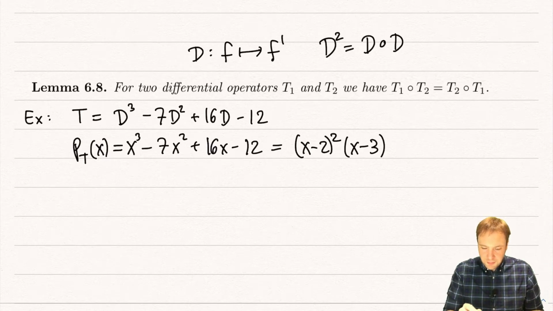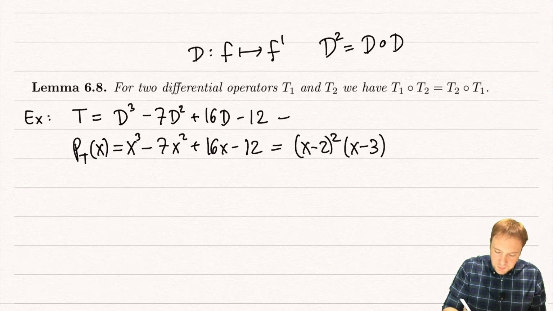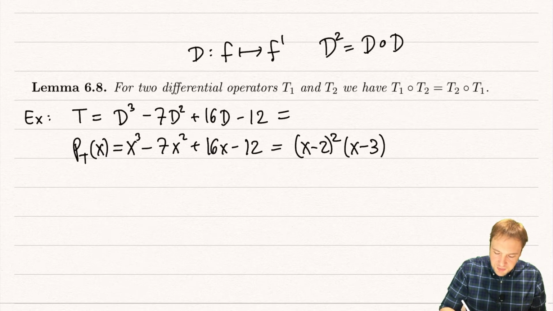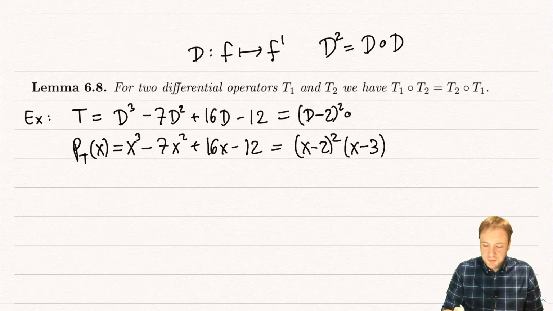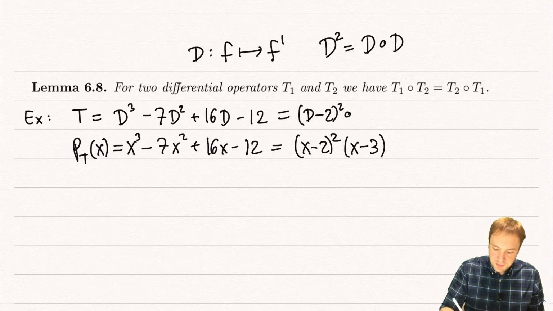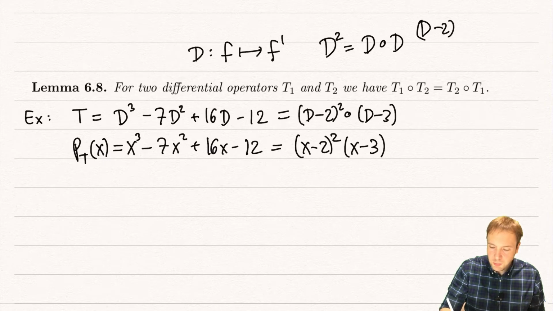And we can do the same for this differential operator t by saying that this can be factored as d minus 2 squared, and instead of multiplication, we use applying the operator again. So this is a concatenation of functions here, d minus 3. So here, this d minus 2 squared, what we mean by this is that we apply d minus 2 twice.